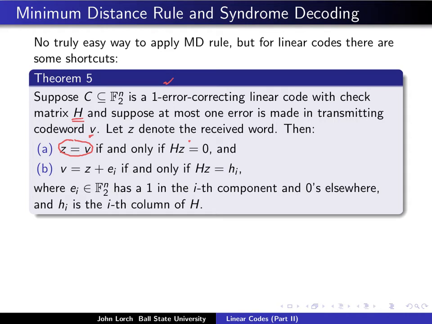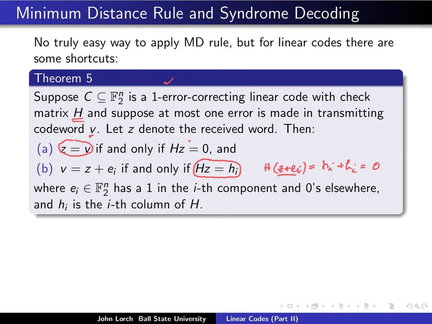Now let's suppose that H times Z is equal to the ith column of H. Well, if that's true, then if you take H times (Z plus E_i), you get H_i, because that is H times Z, and then you also get H times E_i, which again is the ith column of H. And if you add a vector to itself over F2, you get the 0 vector. So that means that Z plus E_i is a code word.